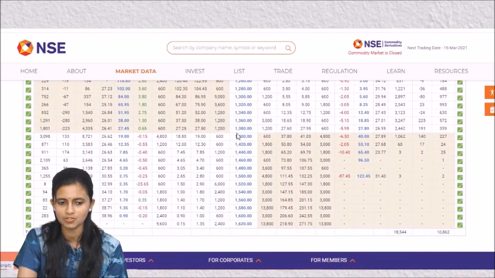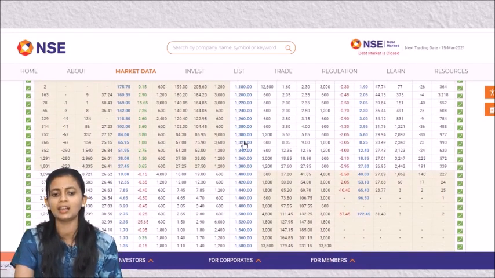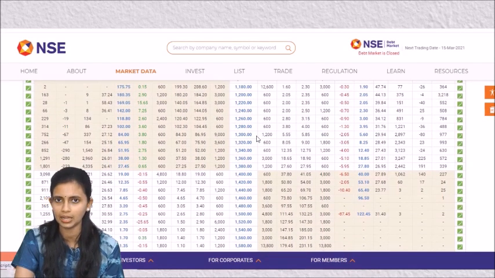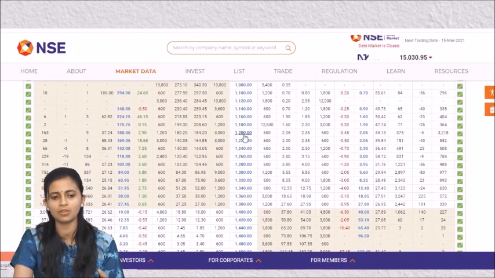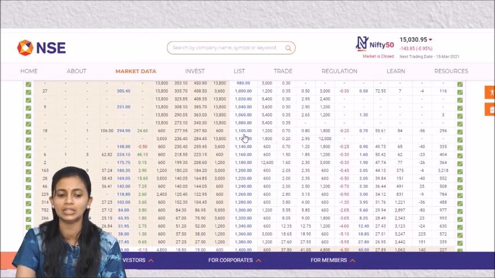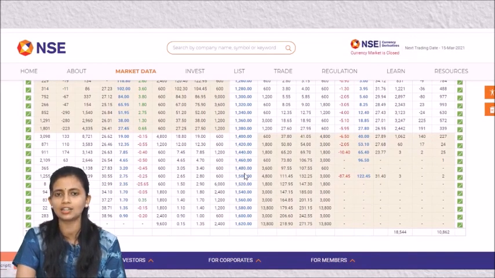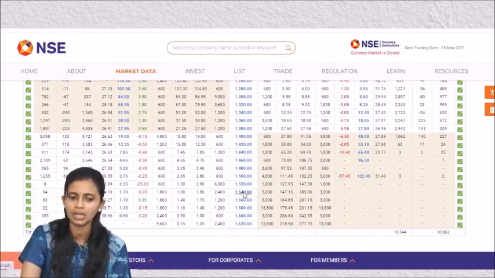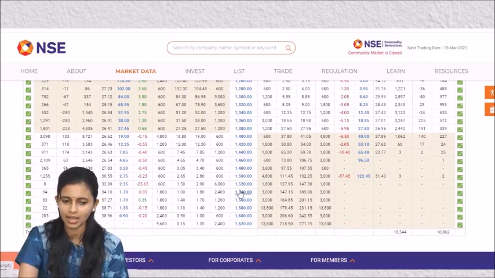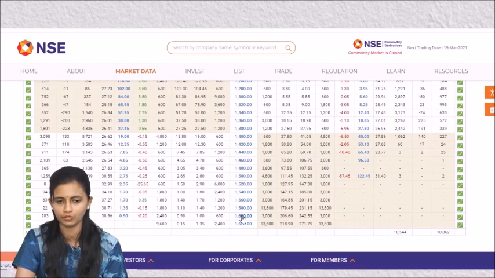So the price which is near to the spot price is at the money, the price which is already covered by the stock is called in the money, and as long as we move away from it, it is deep in the money. Similarly, the strike prices which are not yet crossed by the spot price are out of the money strike prices, and as we again move far away, it becomes deep out of the money.